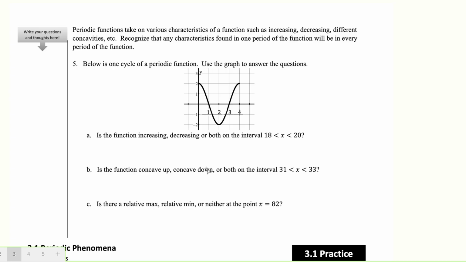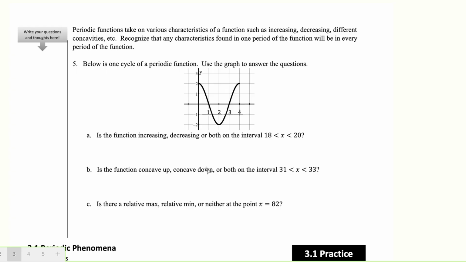Periodic functions take on various characteristics of a function, such as increasing, decreasing, different concavities, etc. Recognize that any characteristics found in one period of the function will be in every period of the function. So let's look at number 5.